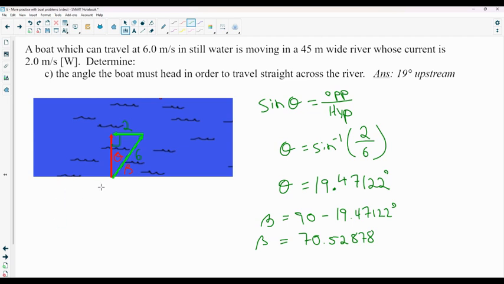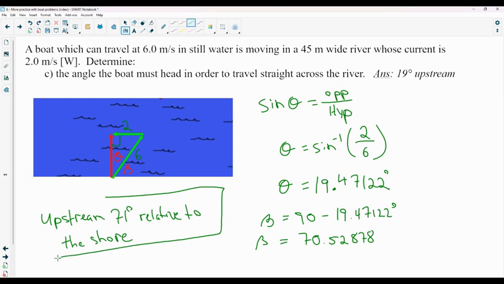And I can write my therefore statement. So the angle the boat must travel, I'm going to say it is upstream 71 degrees. If I round that off to 2 sig figs relative to the shore. I'll put a box around that to show that's my final answer.